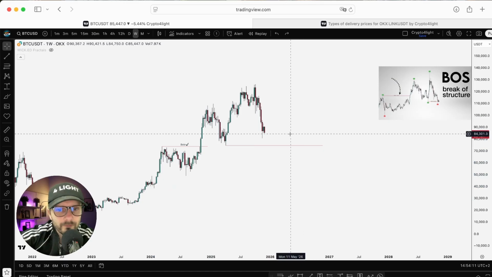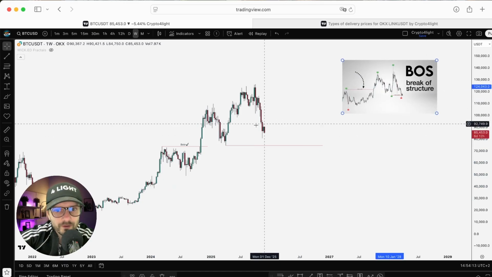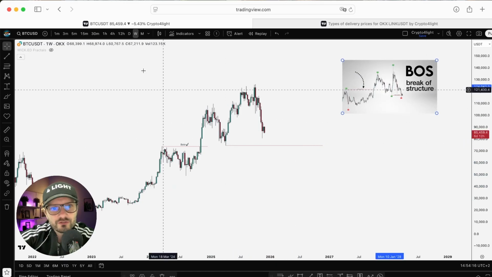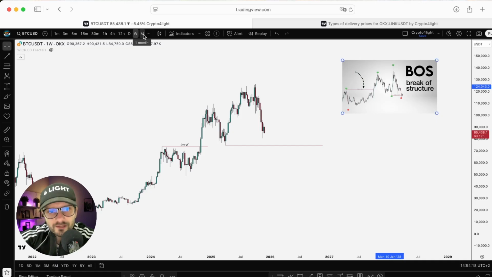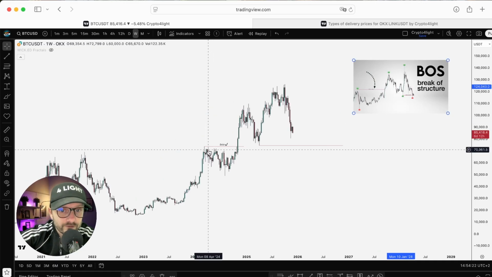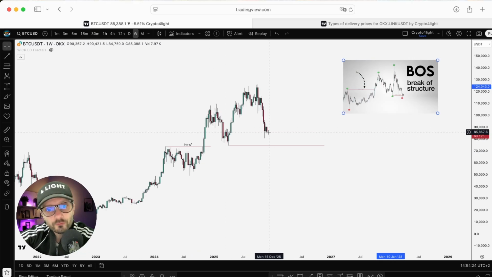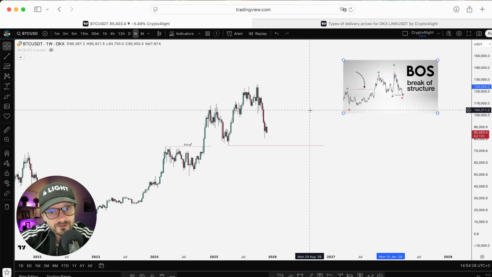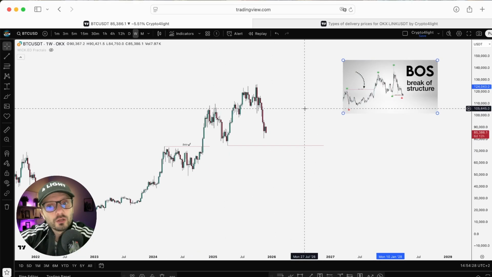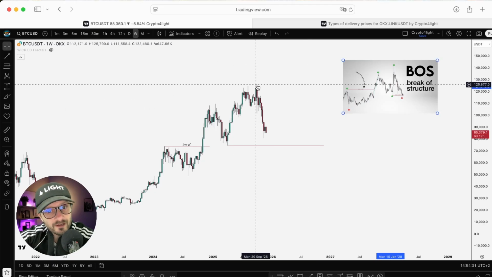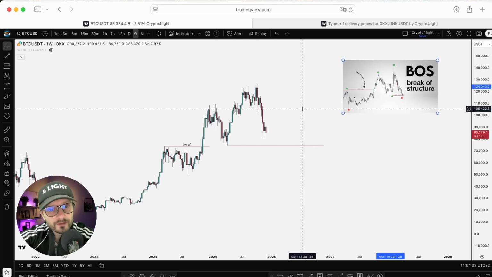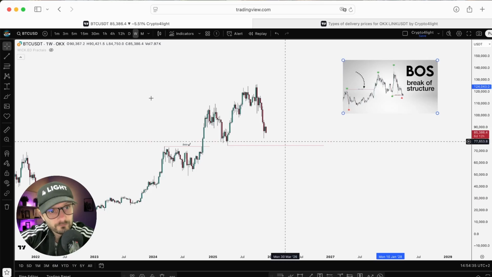But for me, basically, it doesn't make sense. We just have to pay attention to liquidity pools and the structure on the monthly, on the weekly, on the daily. So on the weekly, we're still in an uptrend structure. But if we break it, we can bounce, form the lower high, because this is a higher high now, form the lower high and go into a bear market.